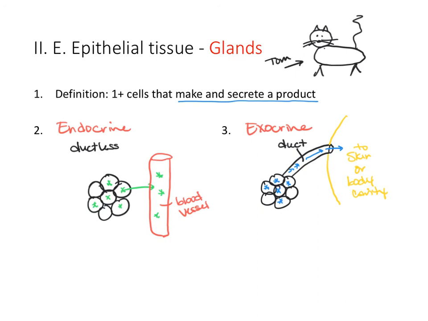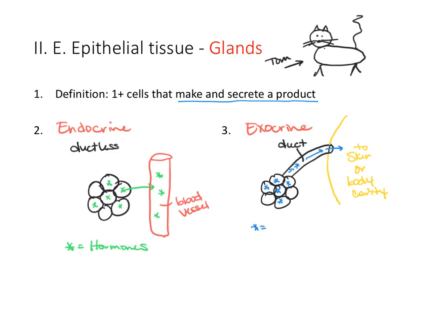The last difference that we want to talk about between these two is what the products actually are. So endocrine gland products are going to be hormones. And there are lots of different hormones, and we're going to talk more about those a little bit in this class, but also a lot in Bio 282. The hormones are going to be regulatory chemicals.